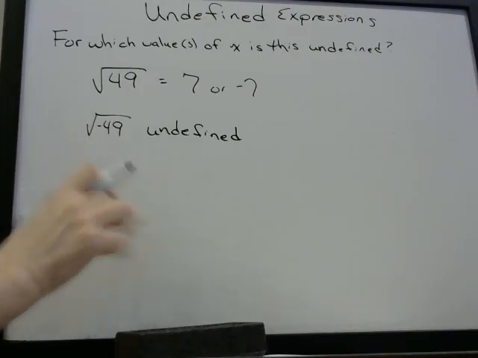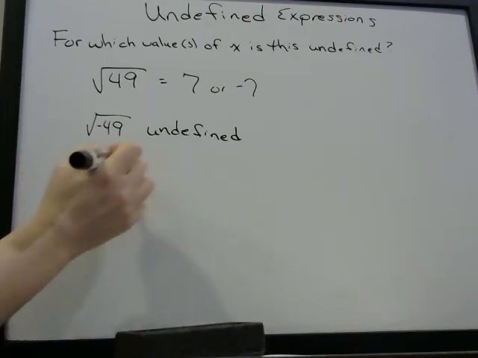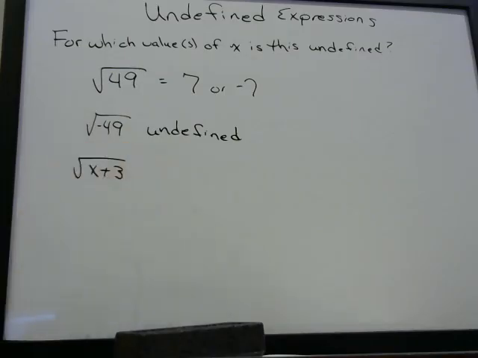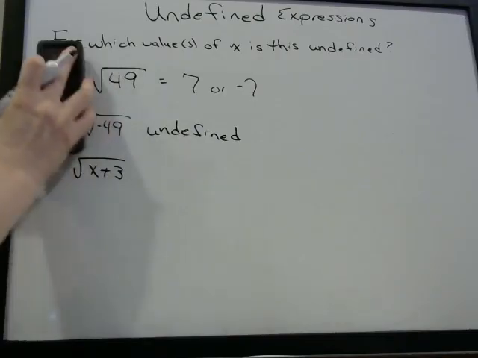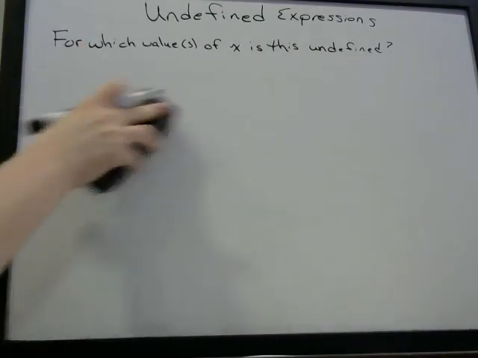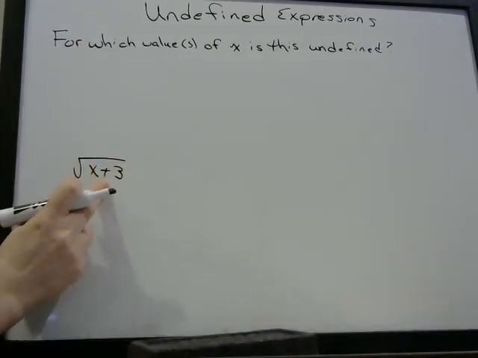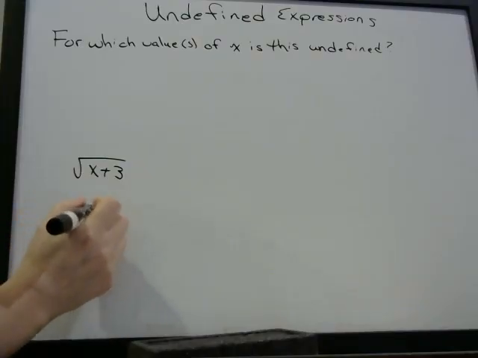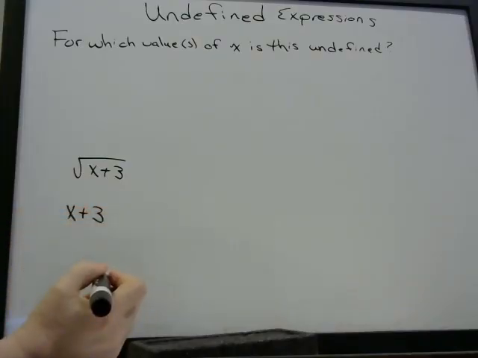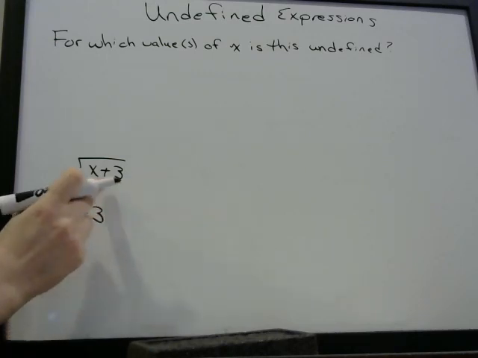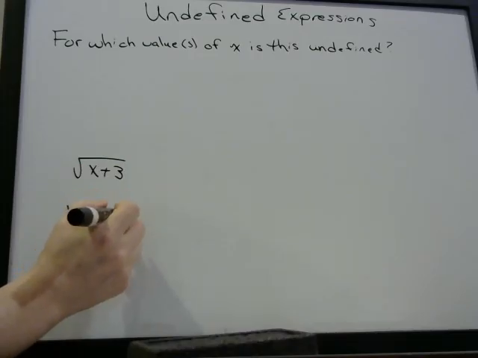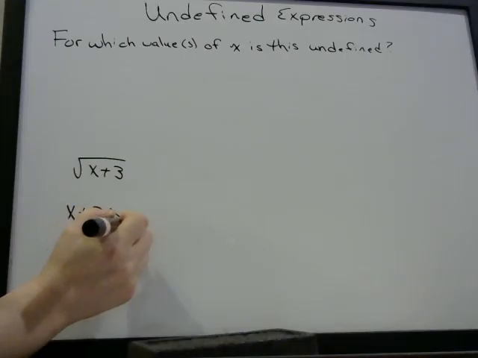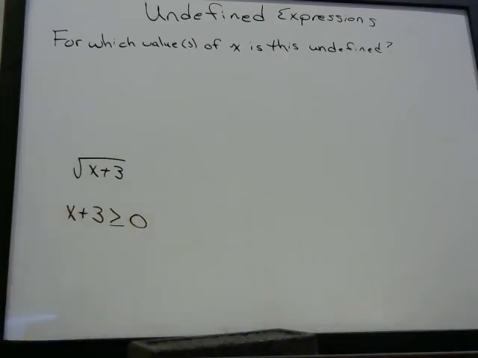This cannot be negative. So when it says for which values of x is this undefined, and it gives you something like this, you just look at what's under the square root sign, and it has to be positive. Remember, it cannot be a negative number. It can be 0.